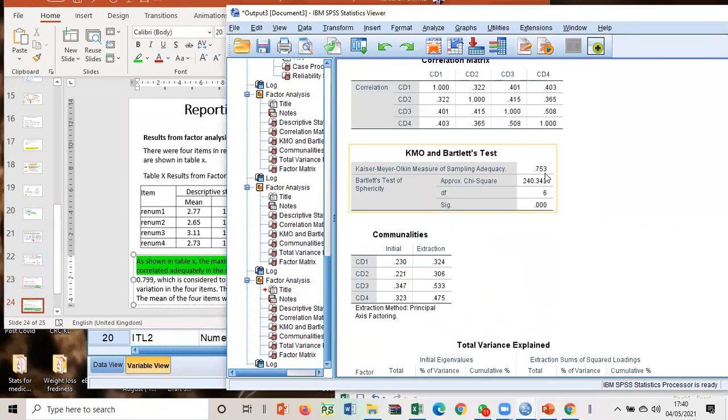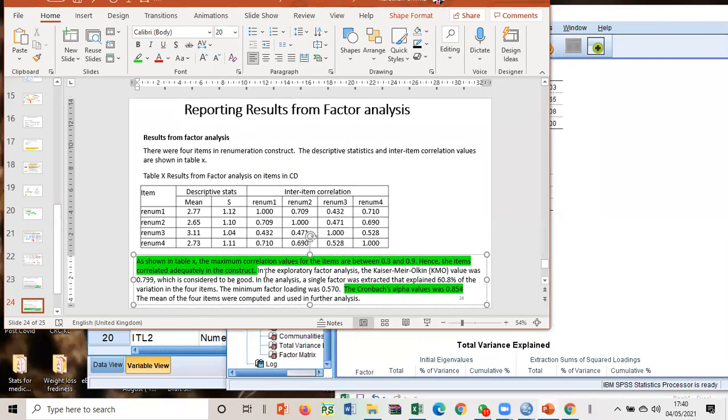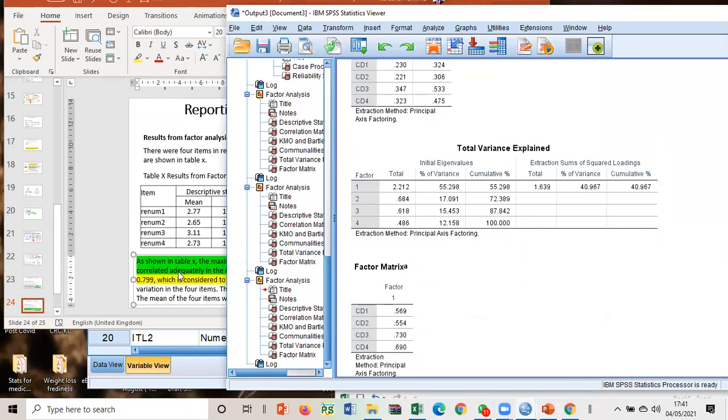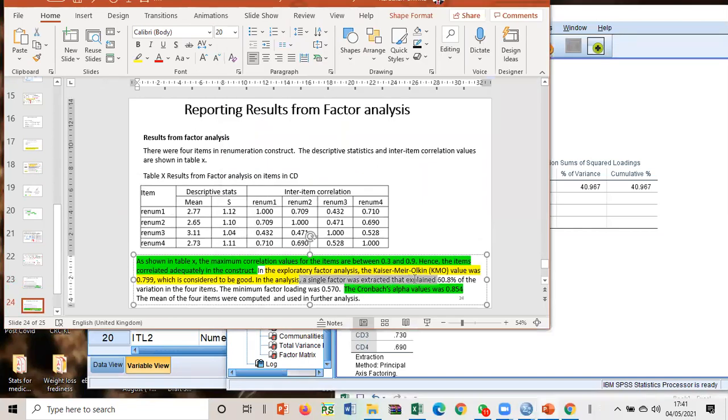KMO, is it okay here? Yes, I'm talking about all four items. KMO is also okay. Was it a single factor? Yes, single factor. But this is only 40%, isn't it? Yes. So I'm not happy with that.